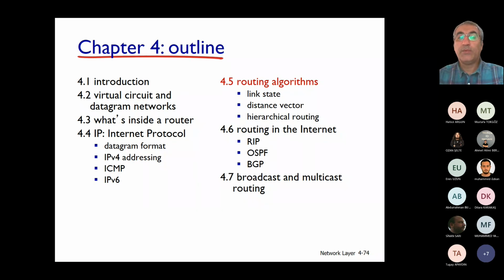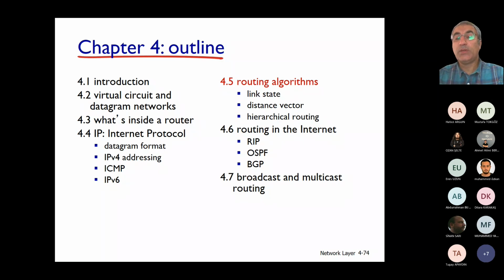Now, this week we are going to move to the core part actually, which is very important. It's called routing algorithms. So how do we route a packet or datagram from source to destination? What are the main approaches in this case?